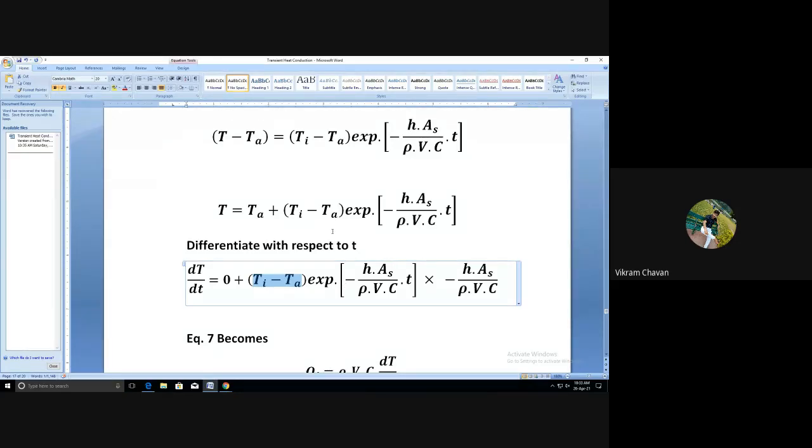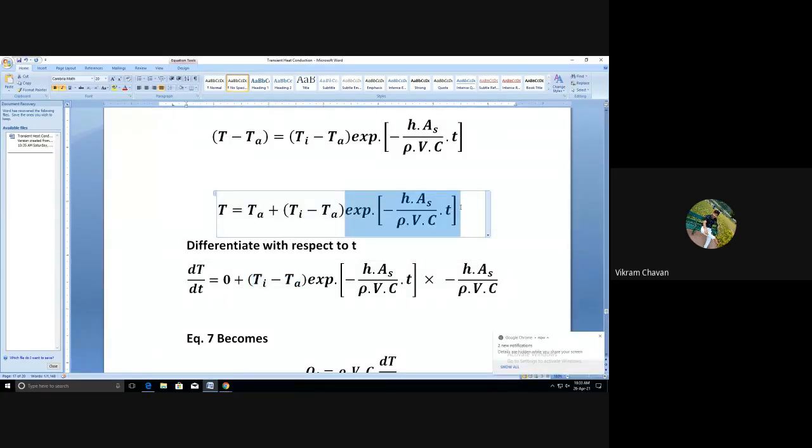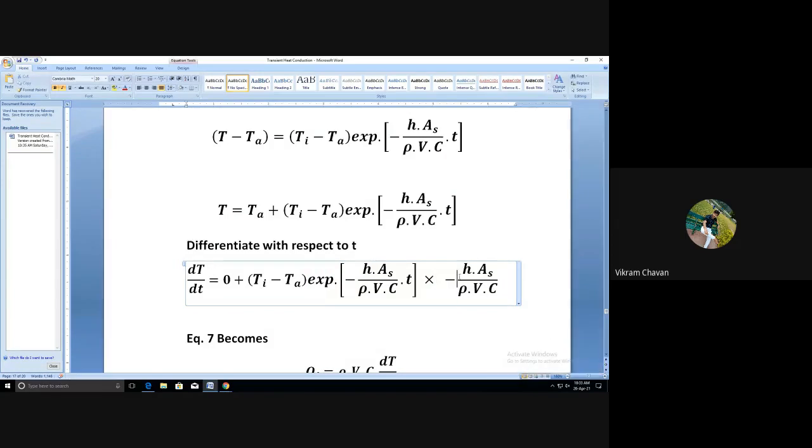So in a similar fashion we have to differentiate this particular exponential term. Okay, so for the differentiation of the exponential term, we write the exponential term as it is, multiplied by the constant. So we'll get the equation as Ti minus Ta exponential of, in a square bracket, minus h multiplied by A suffix s divided by rho V c multiplied by t.